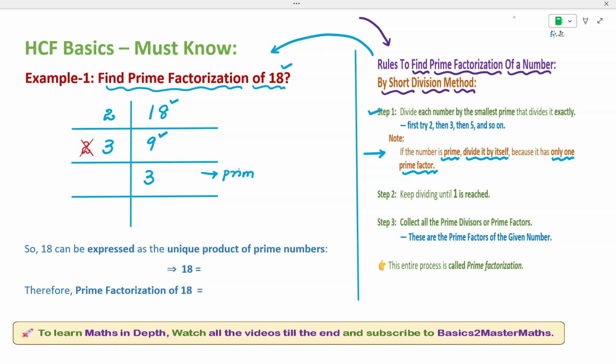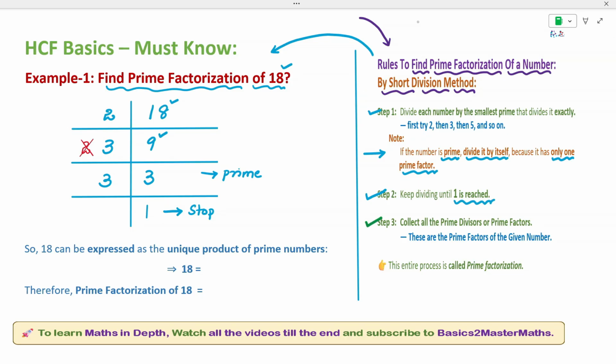So, divide it by 3 itself. Since 3 divides 3 exactly, we get 1. As per the rule, please stop here since 1 is reached.